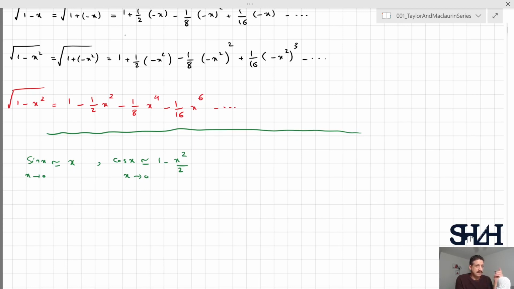So consider that the approximation of sin x to x is the first term of the Maclaurin series, since the first one was already 0. And the square root of 1 plus x when x approaches 0 will be 1 plus 1 over 2 x. So these are very typical approximations that might be used for stability, for example, or other engineering matters.